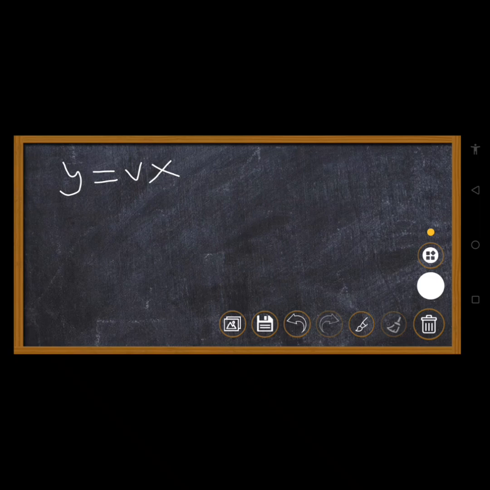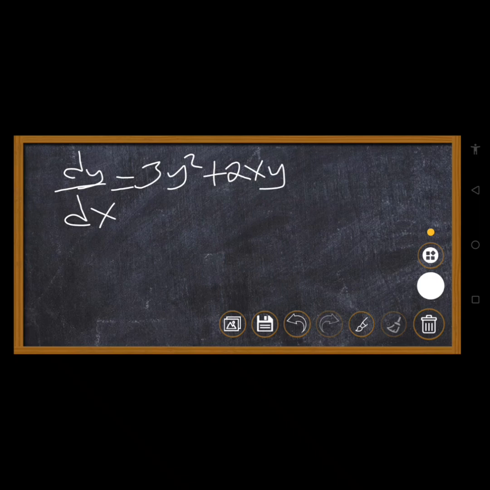In that expression, wherever there is y, we replace it with vx.